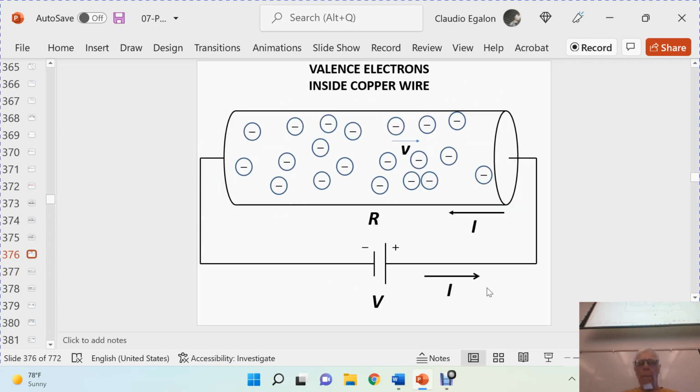You have to know that when people started to study electric current in materials back in the 1700s, Benjamin Franklin was one of them, they thought that this current, this motion due to the electric charge, was due to positive charges, not negative charges. We discovered that it was due to negative charges only later, back in the 1800s.